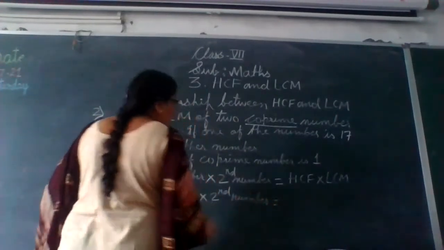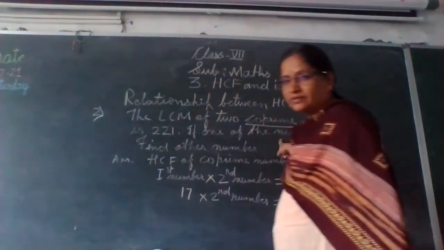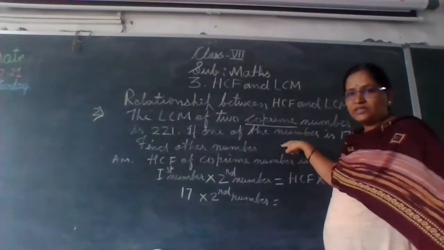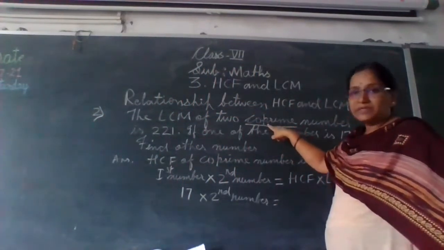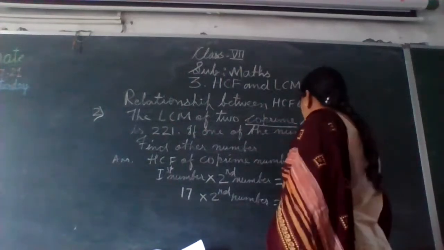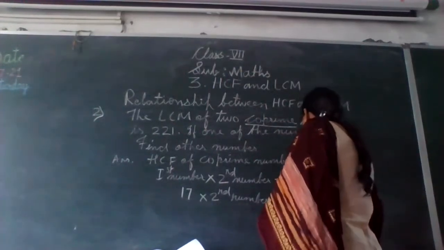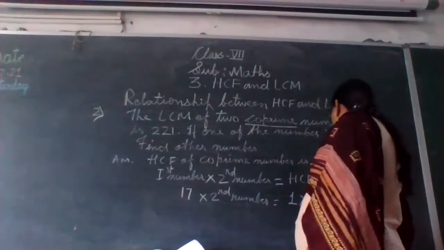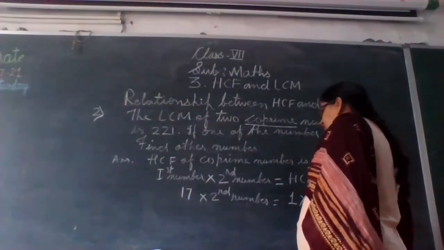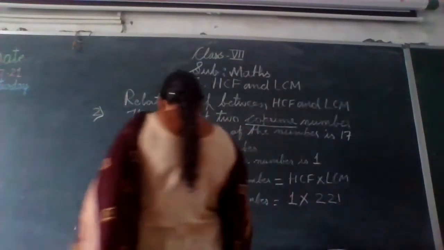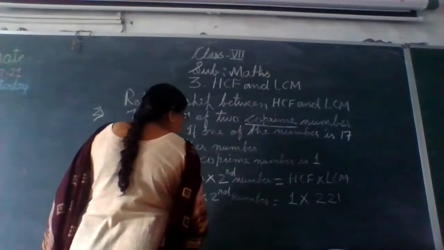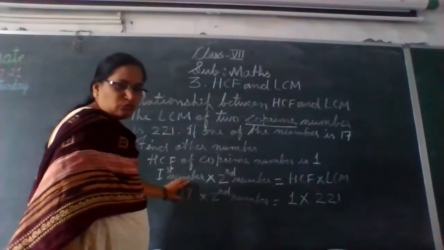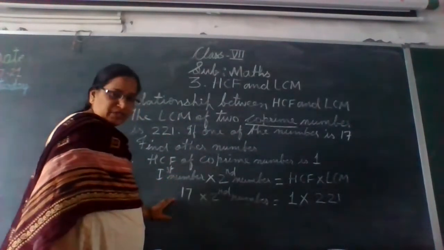Now see, HCF is not given in the question, but what is given? The numbers are co-prime. That means HCF is 1. And LCM is what, beta? It is given, 221. So to find the second number, we have to move this 17 from this side.